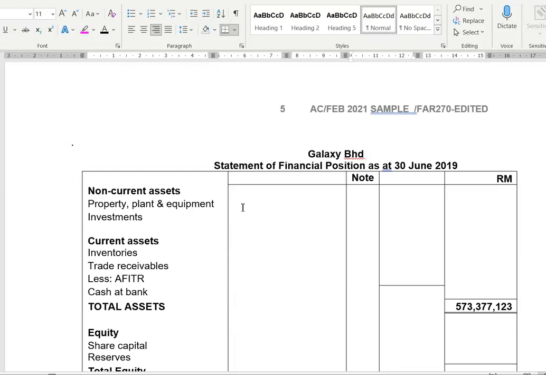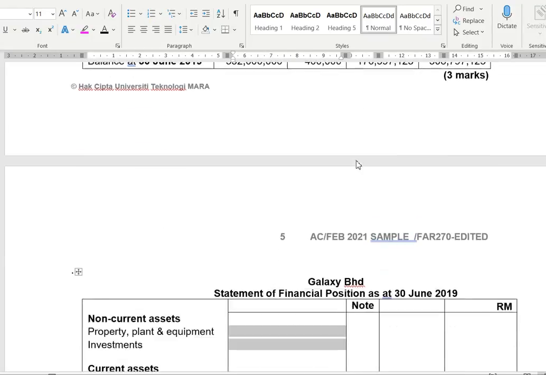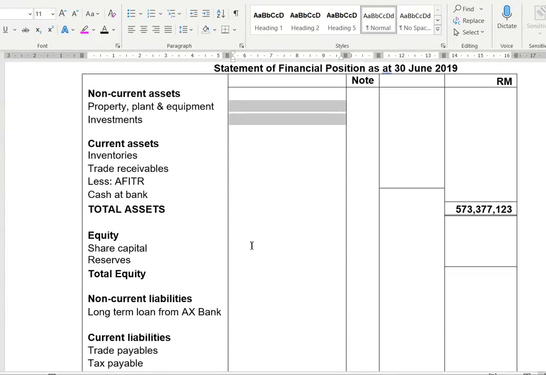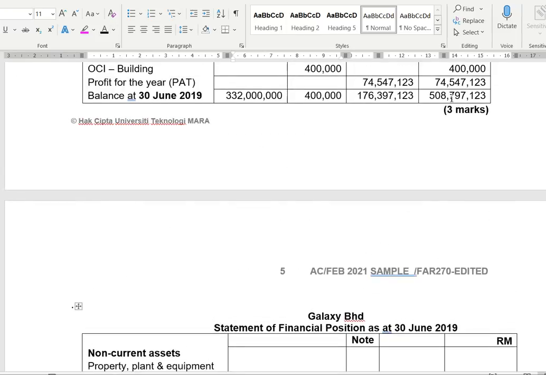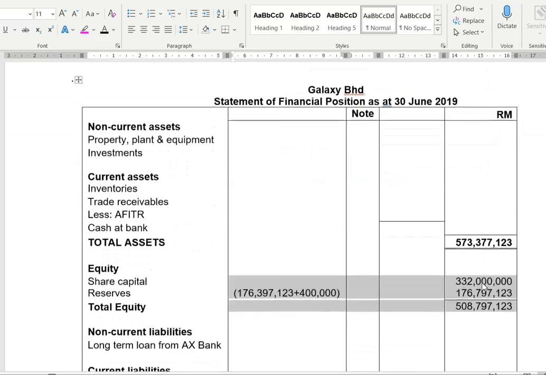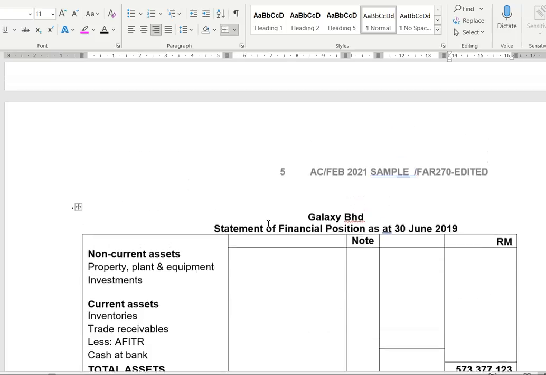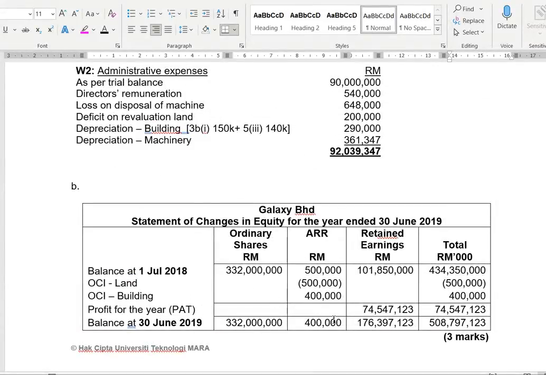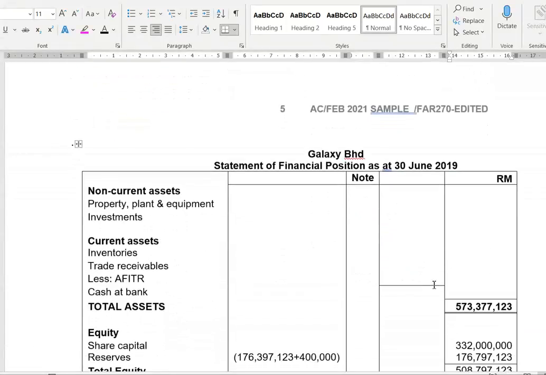So let's look at the first item, where those things that you have done here, I would suggest you put straight away in the share capital and reserve column. Take them. So the total here, 508,797 will be the total here. This reserve column will be all column except ordinary shares, 400 plus 176397123.